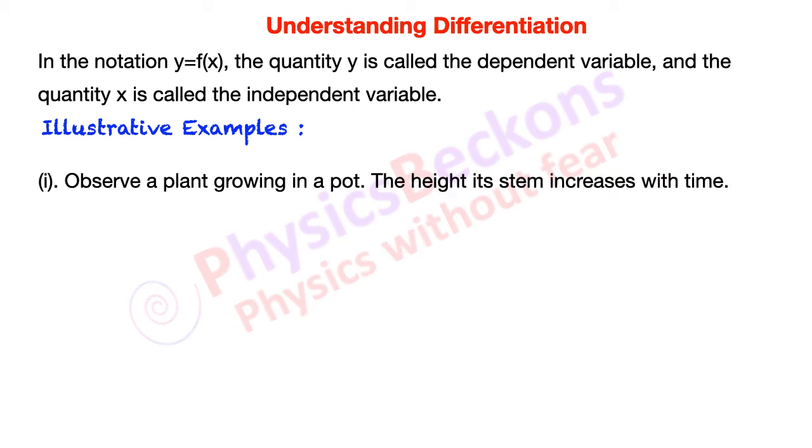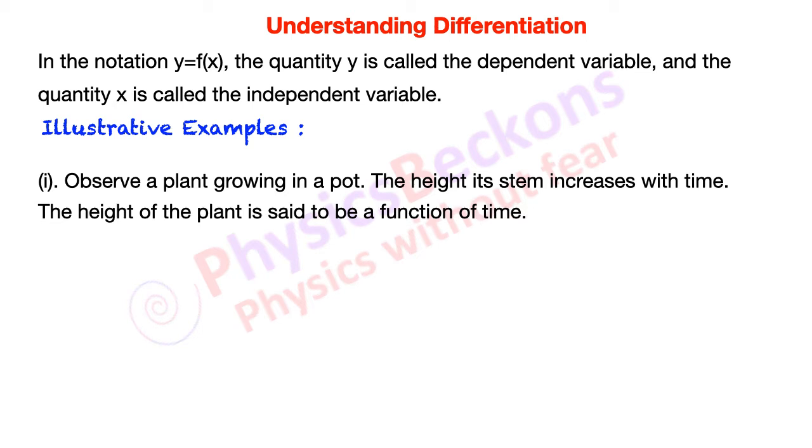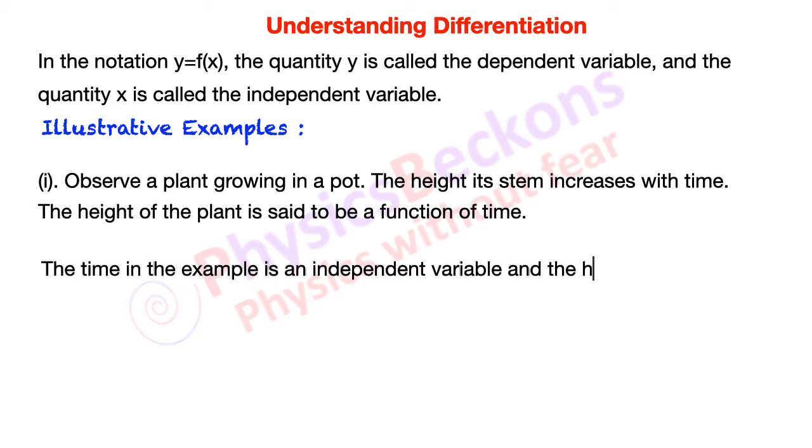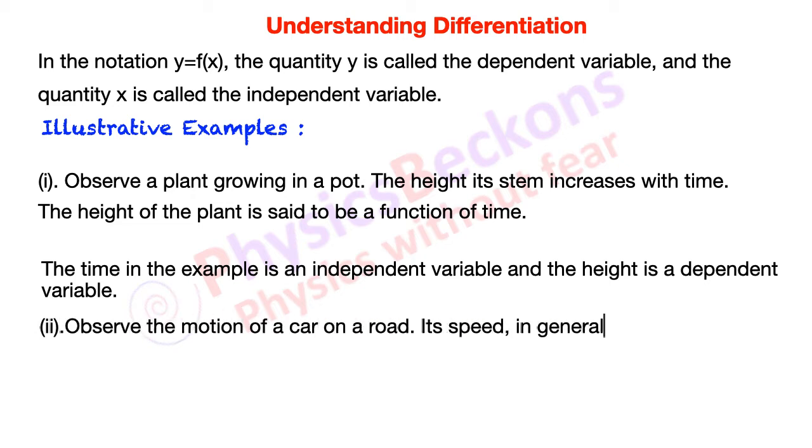The height of the stem of the plant increases with time, and we say the height of the plant is a function of time. The time here is an independent variable, and height, because it changes with time, we call it a dependent variable.